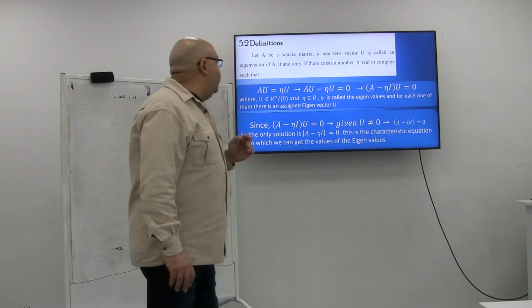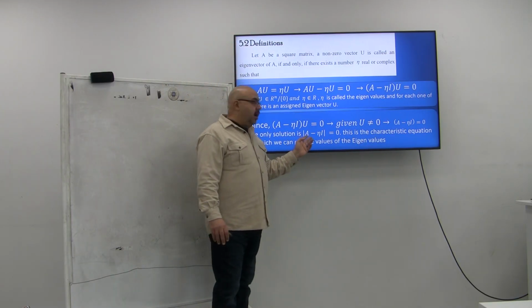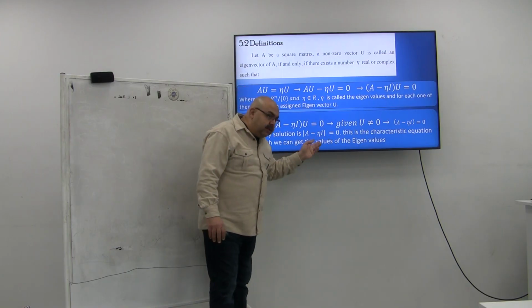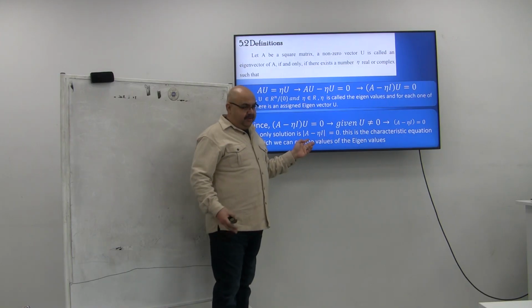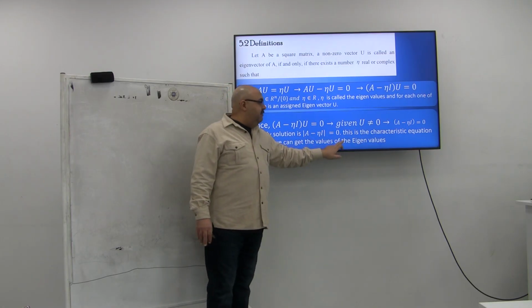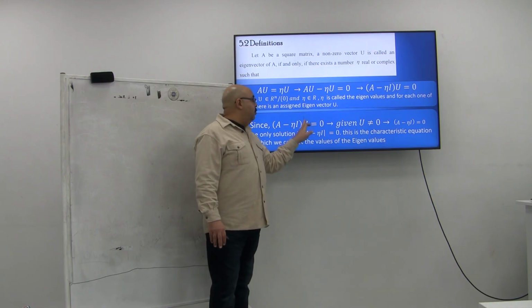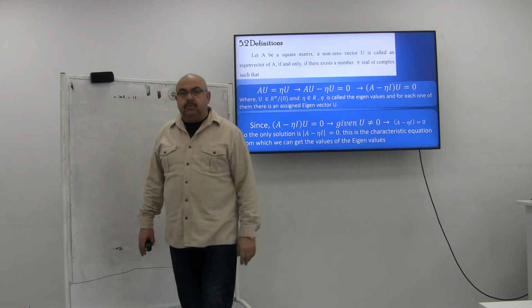This is called the characteristic equation: determinant of A minus eta I equals 0. We will expand it and you will see. Solving this equation, we will get the eigenvalues, and resubstituting in this system of equations, I will be able to get u.